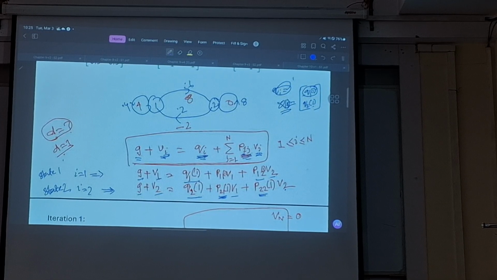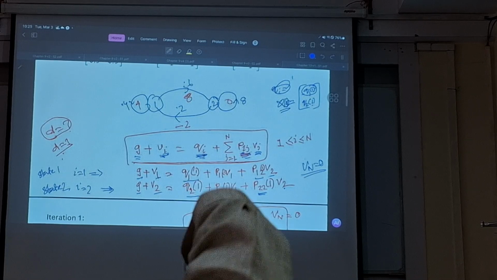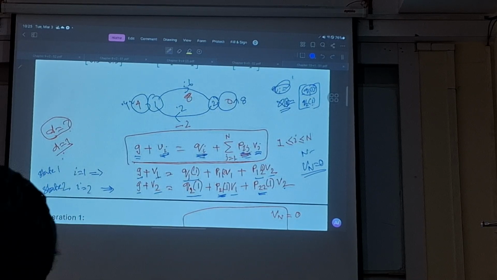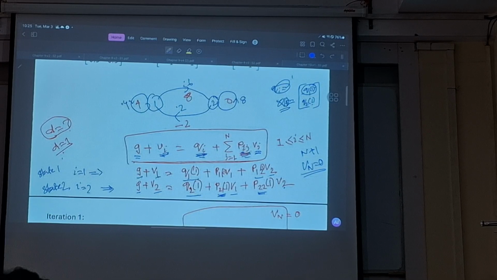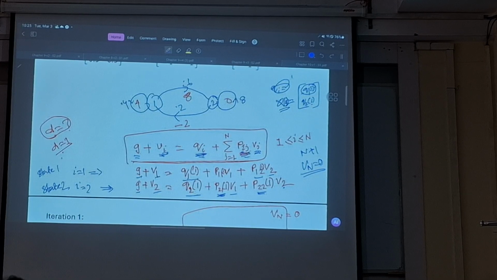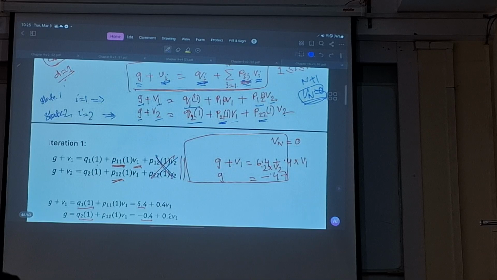Second thing is that we need to assume that Vn equal to 0. Why do we assume that? Since we have n plus 1 unknowns, we need to solve the system of linear equations with n equations, then we need to assume a value for this one. And once we have the n equal to 0, then this part of the equation actually is gone.